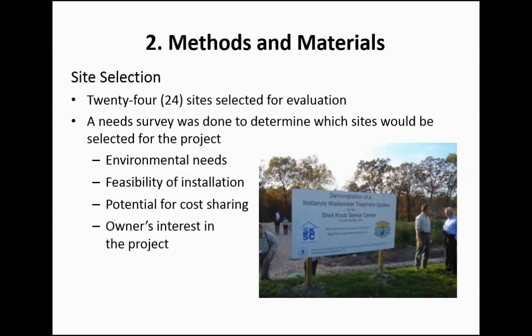That means that the authority went and talked with the individual homeowners to see if that was acceptable to them, and also discussed environmental needs, feasibility of installation, potential for cost sharing, and the homeowners' interest in the project. So they were also looking for fees to supplement the local matching funds.